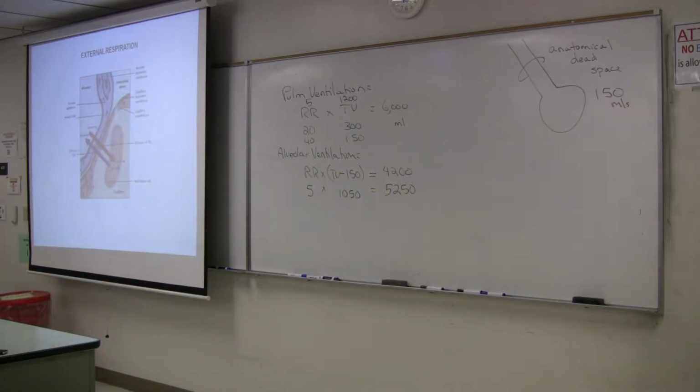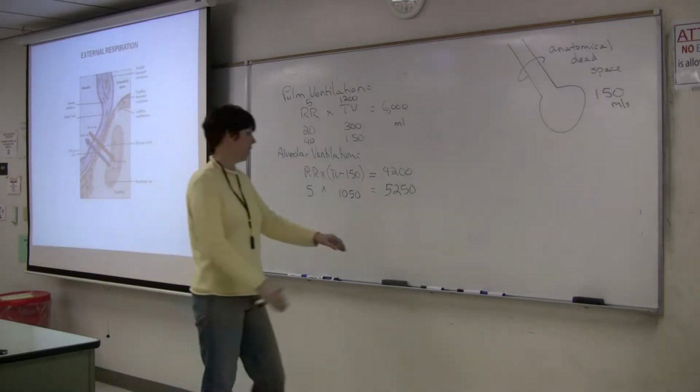All right. So now let's look at external respiration. Remember there were 3 phases of respiration. Pulmonary ventilation is just the movement of air into the lungs and out of the lungs, okay? And so that's what we were talking about by changing the pressure, moving the diaphragm and the muscles, and atmospheric pressure pushing gas into the alveoli.